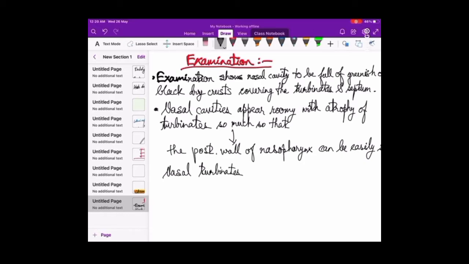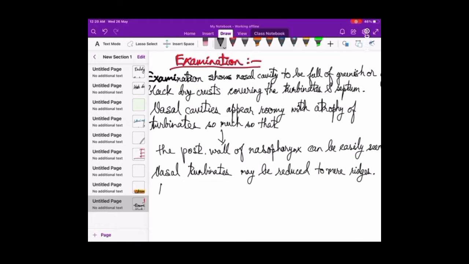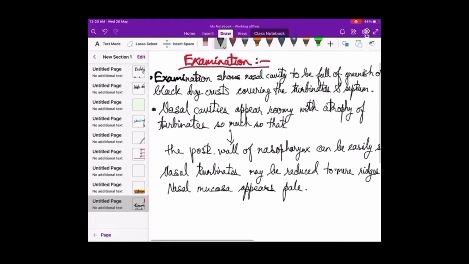Nasal turbinates may be reduced to mere ridges. Nasal mucosa appears pale.